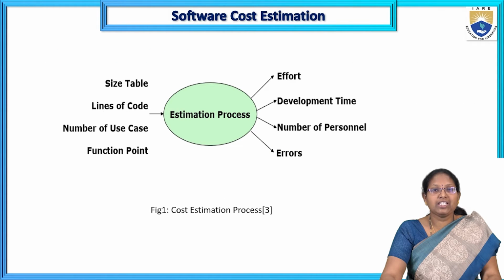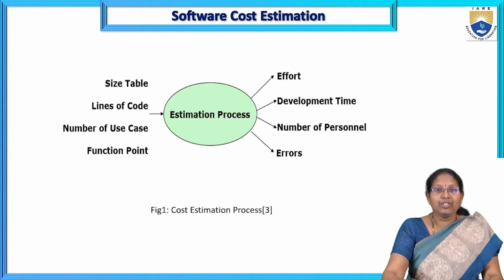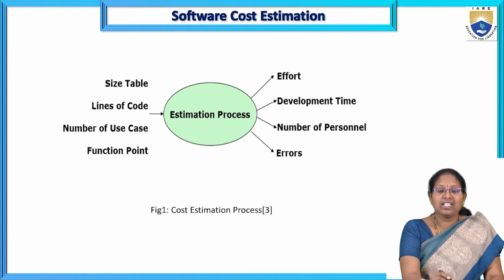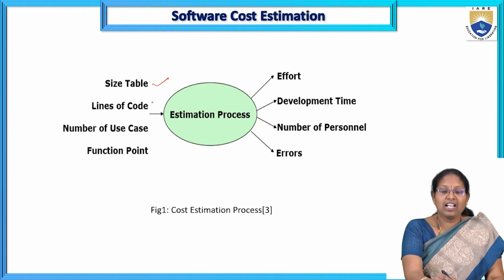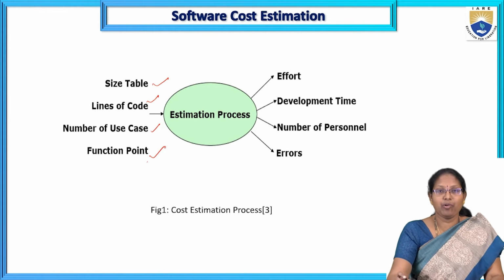So what is there in the software estimation process? Before the process, some inputs are there, and after the process some outputs will come. The software cost estimation process uses inputs such as size metrics, lines of code, number of use cases, and function points.